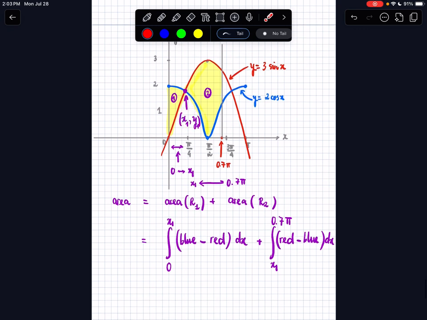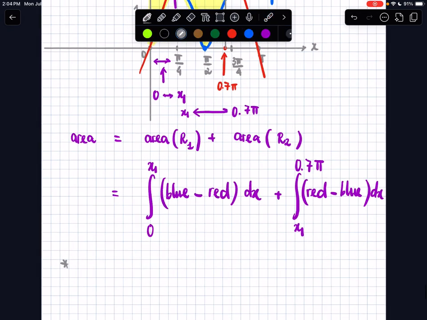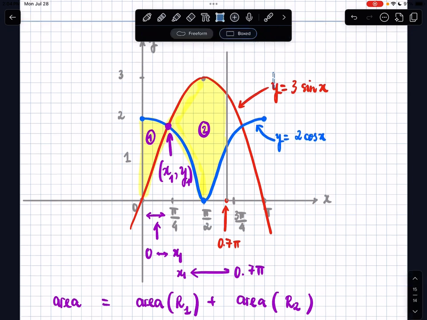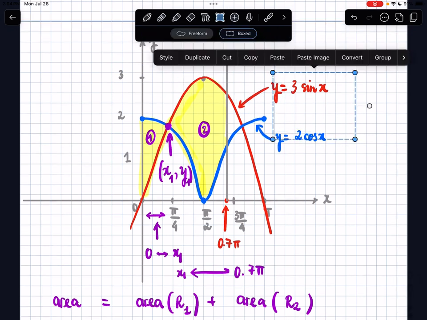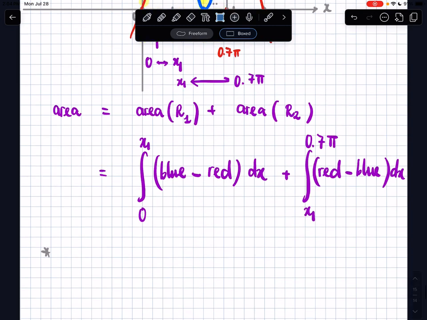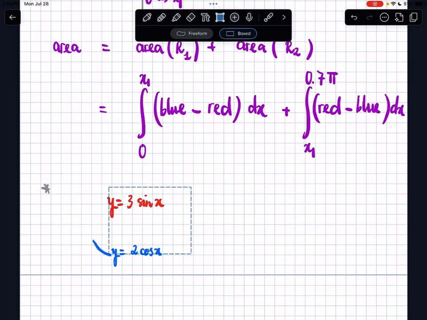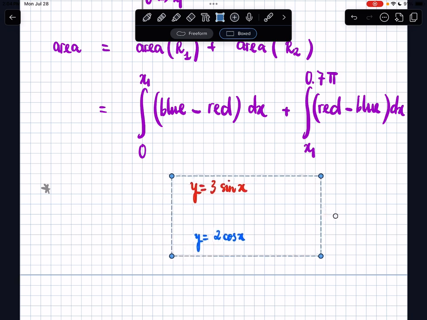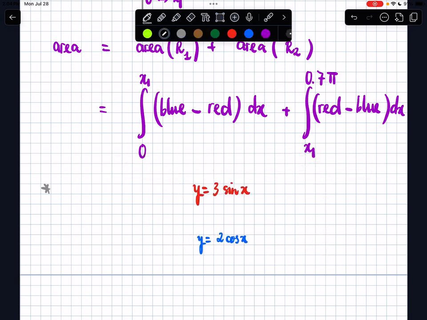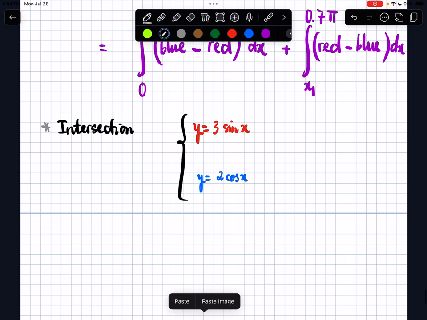This is the intersection of the red and the blue curve, which means the coordinates need to satisfy these two equations. At the intersection of the two curves, this gives us 3 times sine of x equals 2 times cosine of x.